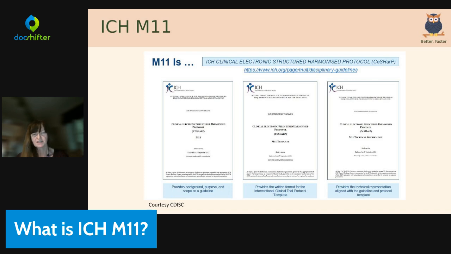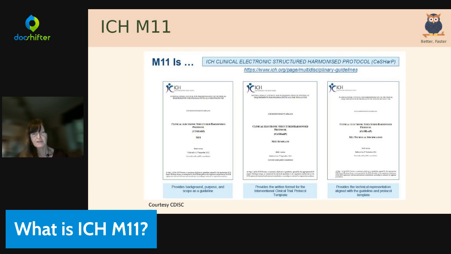So it isn't actually a body that imposes requirements on any health authority, but health authorities tend to adopt its standards either as standards or at least as guidance. For example, ICH GCP in the US is not an actual official standard, but it's followed very closely, whereas other standards, such as those for eCTD, are really implemented as standards.